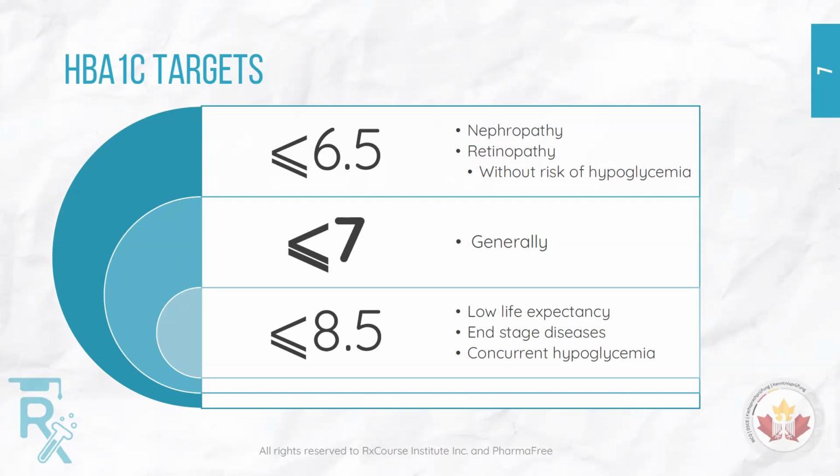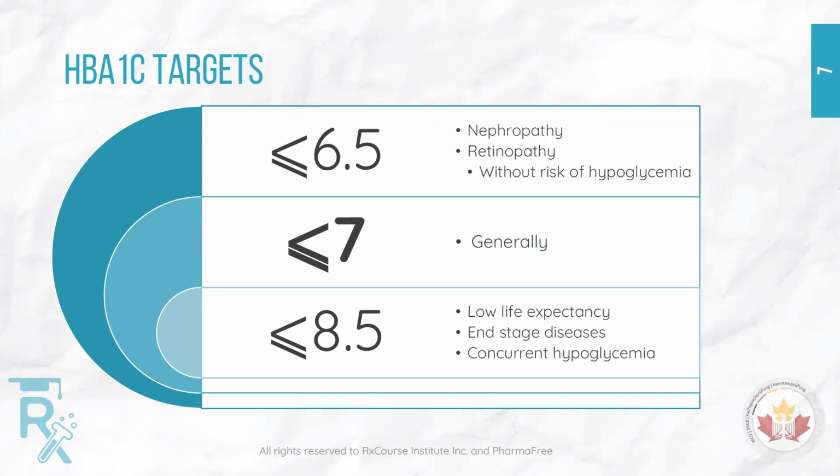So we can reach an HbA1c of 6.5, but the patient has to show no chances of developing hypoglycemia, because if the patient is at risk of hypoglycemia and I try to take his HbA1c down to 6.5 by decreasing the level of blood glucose in his body, this might lead to hypoglycemic coma. So the patient has to be at no risk of hypoglycemia.